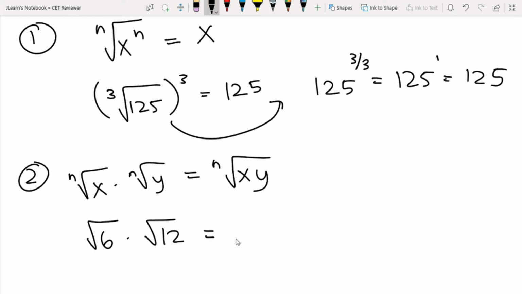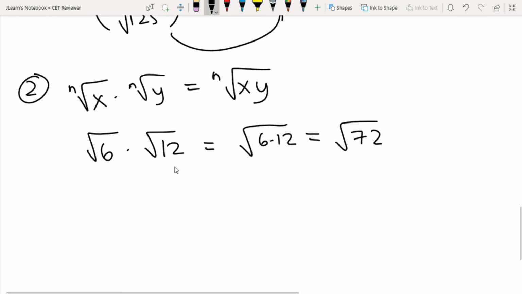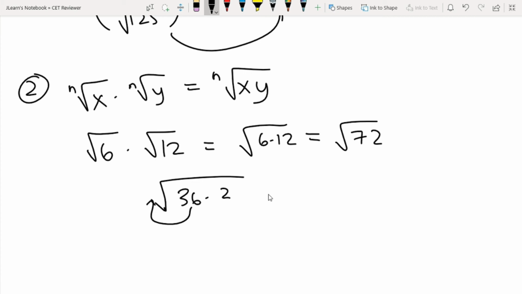This will just be simply the square root of 6 times 12, which will be equal to square root of 72. Okay? Now, we can simplify the square root of 72. Yung square root of 72 ay equal sa 36 times 2. Tama? And you know na square root of 36 is 6, so pwede natin siya ilabas ng radical. So this will be equal to 6 square root of 2.